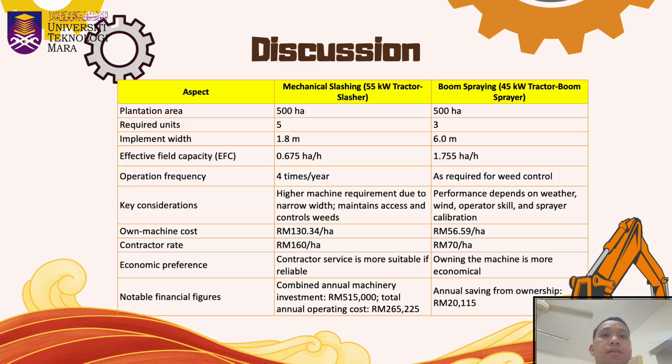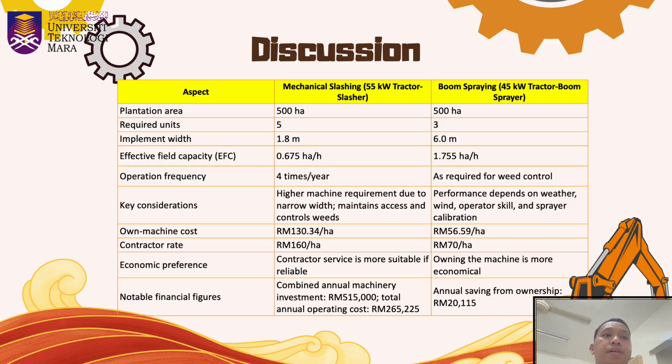The own machine cost is 56 ringgit and 59 cents per hectare, compared to the contractor rate of 70 ringgit per hectare. Owning the machine can save 20,115 ringgit per year.